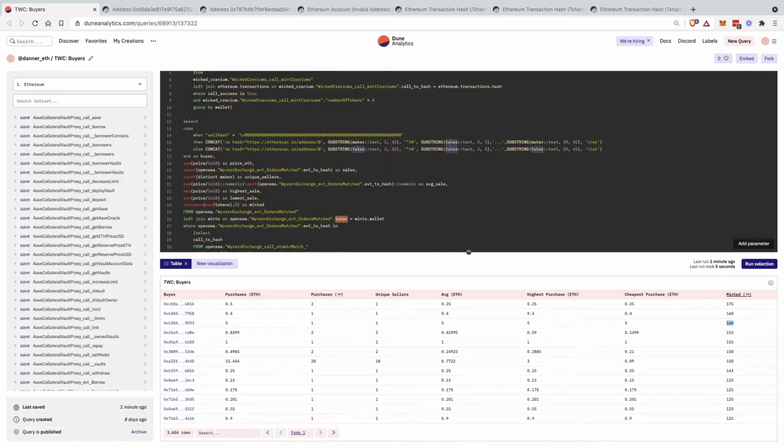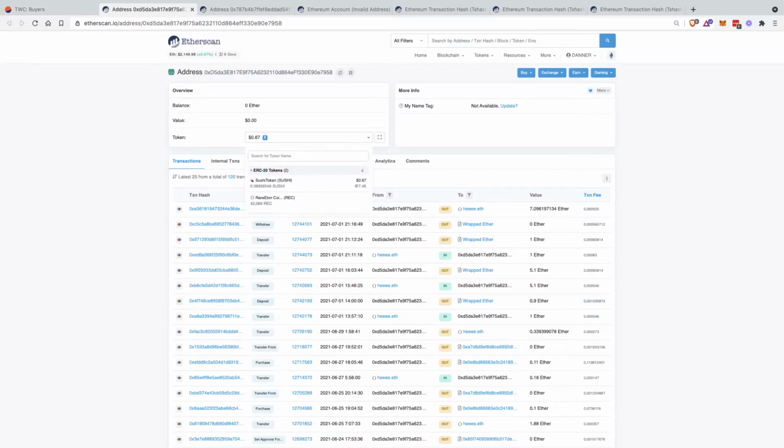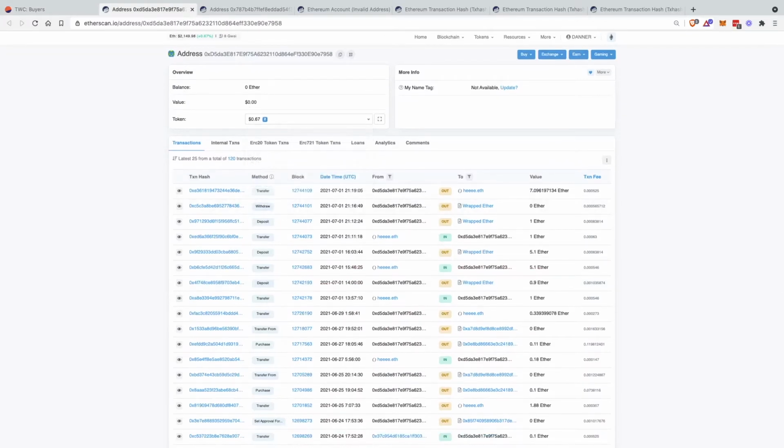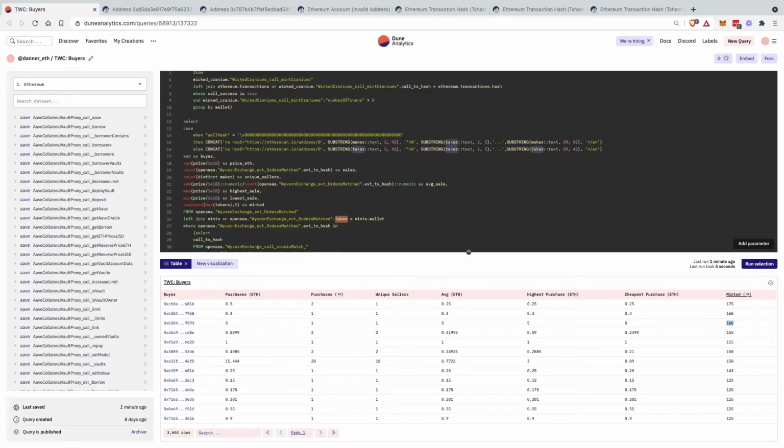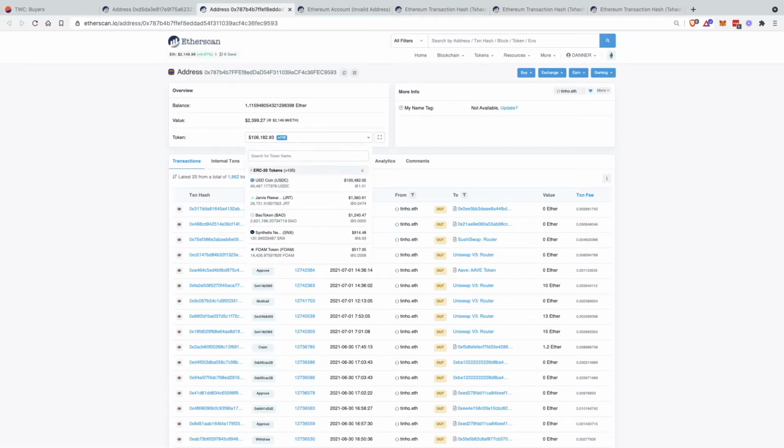And it actually looks like they've subsequently sold those items. ERC20s.